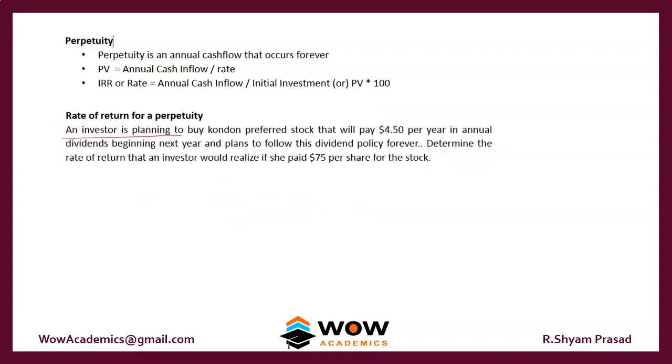An investor is planning to buy Condon preferred stock that will pay 4.5 per year in annual dividends beginning next year, and plans to follow this dividend policy forever. Determine the rate of return that an investor would realize if he has paid 75 per share for the stock. Here this 4.5 is the dividend, so that will be the annual cash inflow, and this 75 is what he has paid.